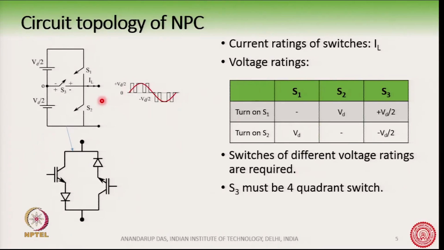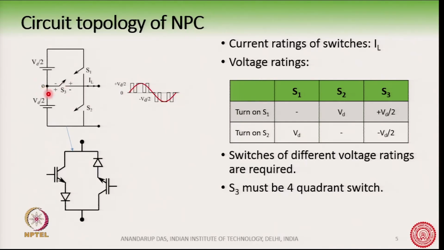What about the voltage rating of these switches? So, how do I know what is the voltage rating of the switch? I can know the voltage rating of switch, for example, for S1 by turning on the other switches and seeing how much voltage S1 has to block. So, suppose I turn on S3.